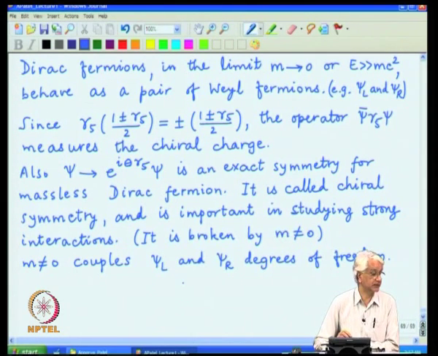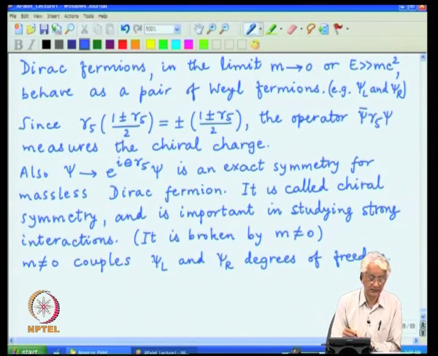So, these are the various properties of Weyl equation, and one can look at the clever choice made by choosing a particular set of anticommuting matrices as a transformation on the basis of the gamma matrices satisfying the Clifford algebra.